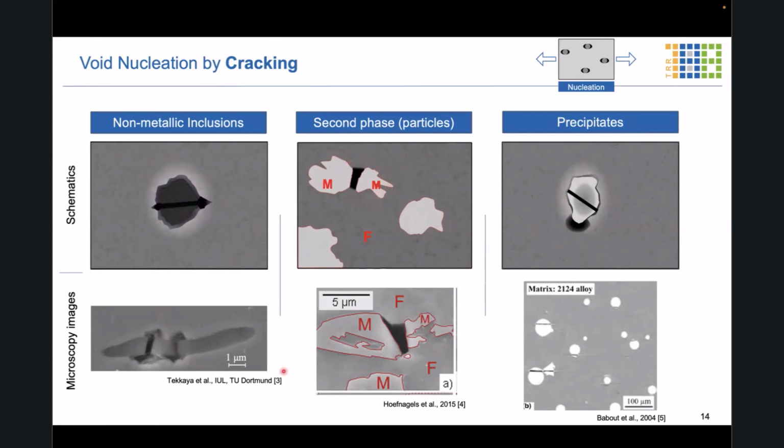And again, experimental evidence is given on the bottom line on this slide.